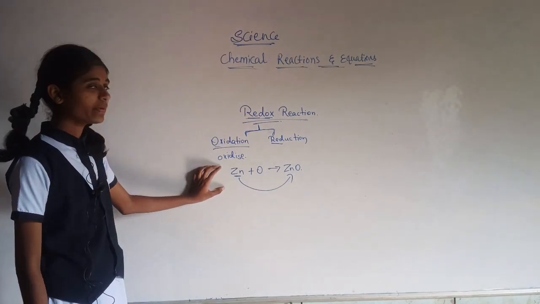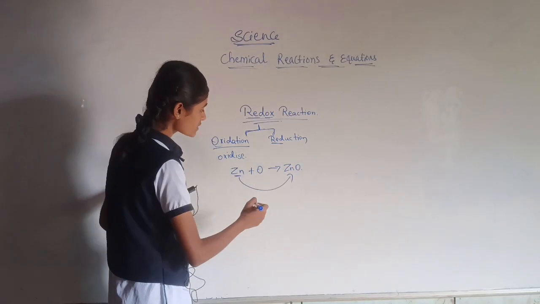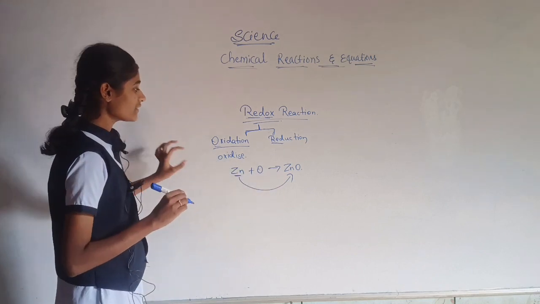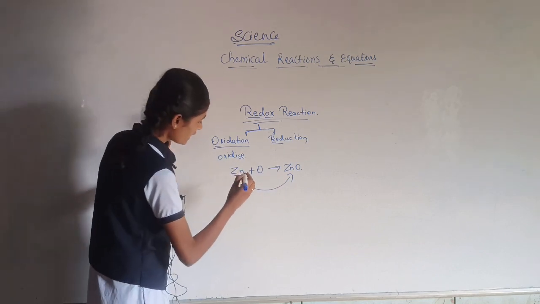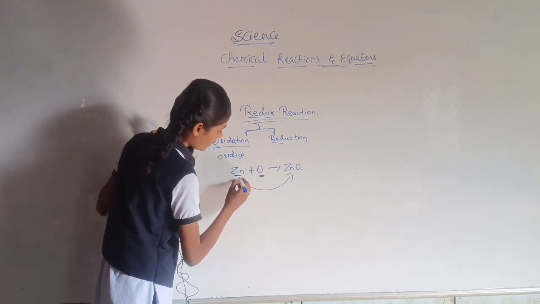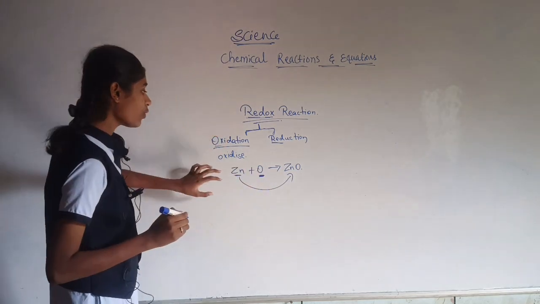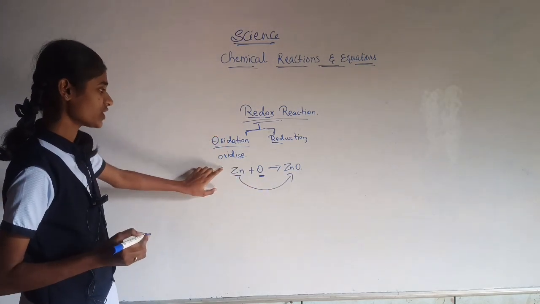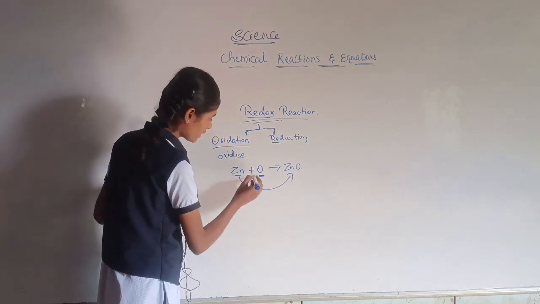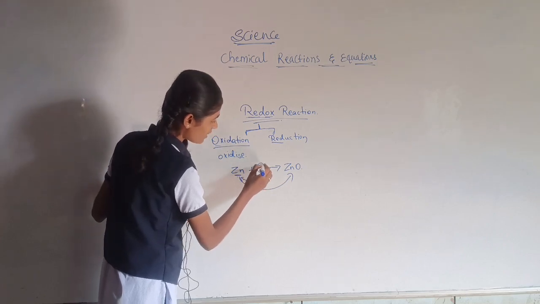Here many people may get confused, thinking it is only an oxidation reaction because zinc is gaining oxygen. But when there is an oxidation reaction, there must also be a reduction reaction, because oxygen is also reducing its place here. Both oxidation and reduction take place simultaneously, because when oxygen combines with zinc, its place is left empty.